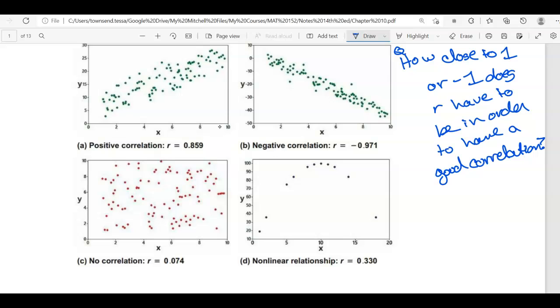There's our question. I'll call it Q here. How close to 1 or -1 does that R value have to be in order to have a good correlation?